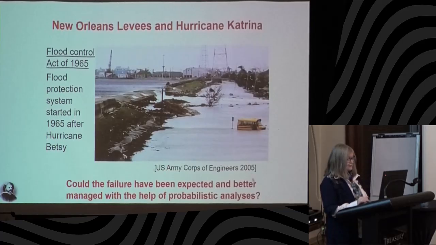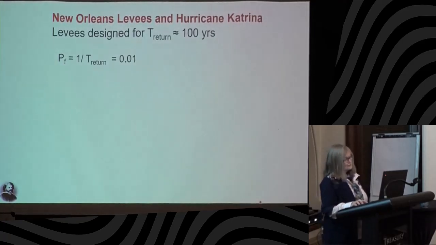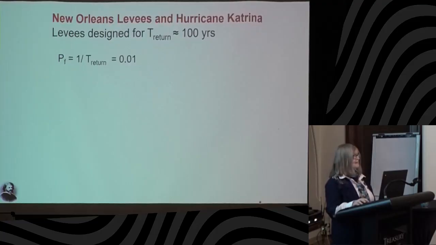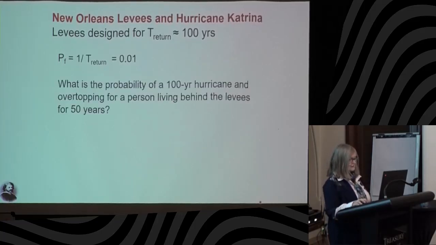Could the failure have been expected and better managed with the help of probabilistic analysis? So there's a bit of equation here, but when the levees are designed for a return period of 100 years, that means the probability of this hurricane coming is 0.01. But observation tells us it comes every 25 years. And so what is the probability of a 100-year hurricane and overtopping for a person living behind the levees for 50 years?